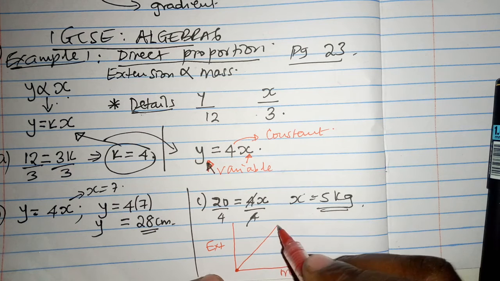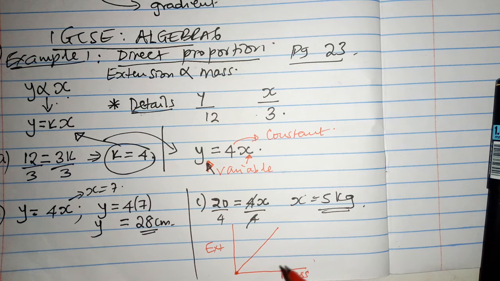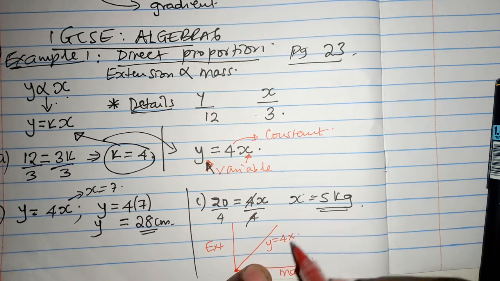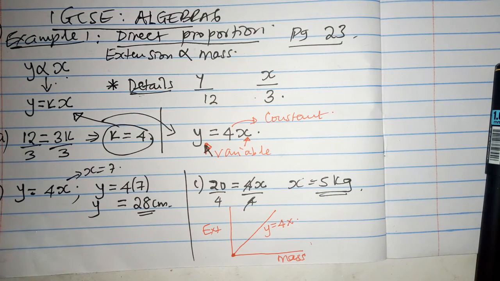But when mass increases, extension also increases. This is the equation of the line y is equals to 4x. 4 happens to be the gradient, and it is a straight line. So we've been able to explain everything in example 1.